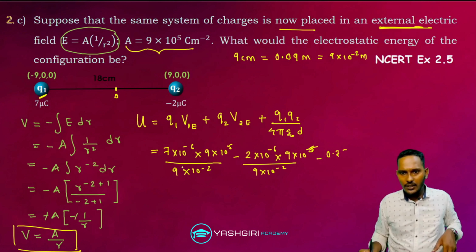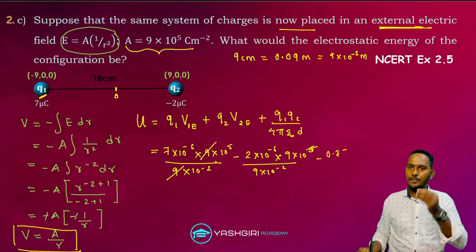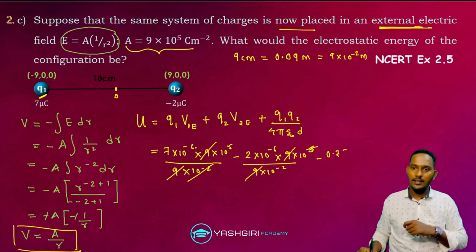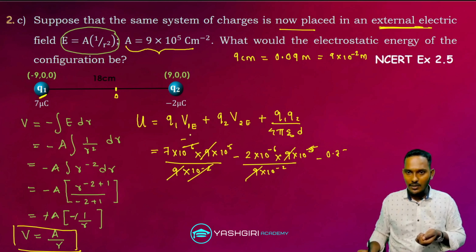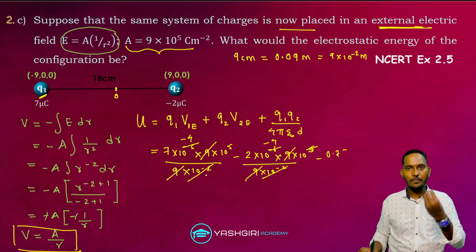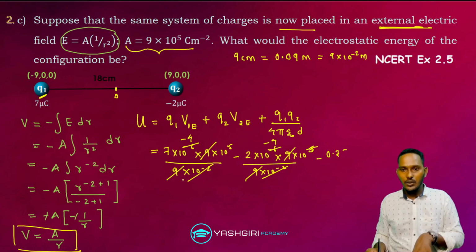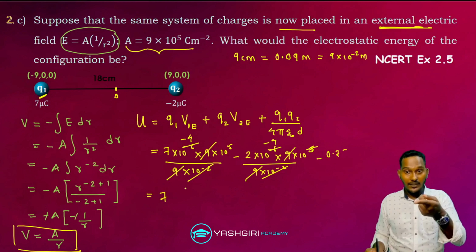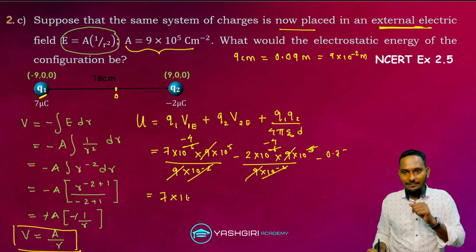Now from here, students, 9 and 9 will get cancelled, right? Same way here, 9 and 9 will get cancelled. 10 to the power minus 2 will get cancelled with the minus 6, so it will be minus 4. Same way here, it is going to be minus 4. Now what is left out? Here, students, 7 into 10 to the power minus 4 into 10 to the power 5 will give you 10.